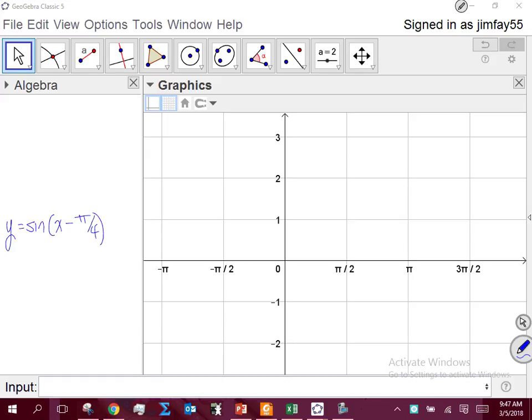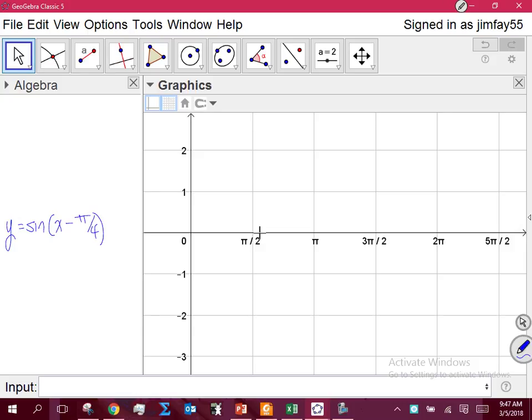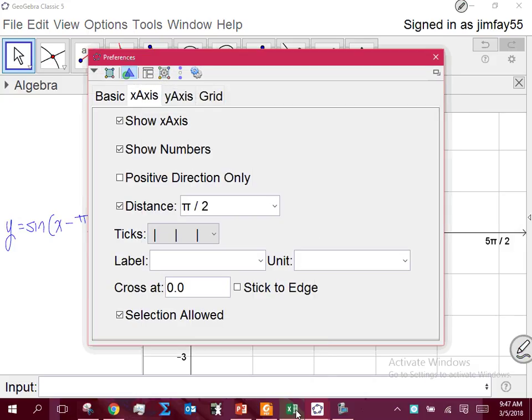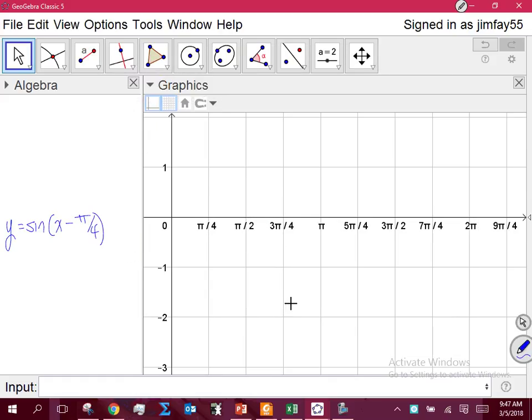The one thing that kind of stinks here is that your horizontal translation determines what you want your intervals on your x-axis to be in. Right now I've got my intervals in pi over 2, so I'm going to change it to pi over 4. It just makes moving my points a lot easier. Does that make sense to everybody?